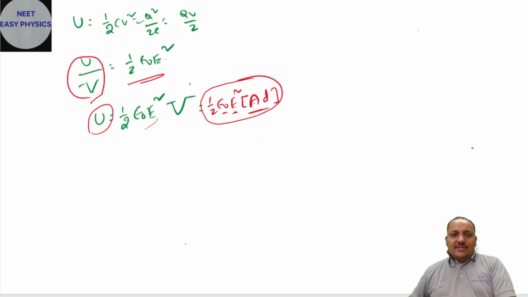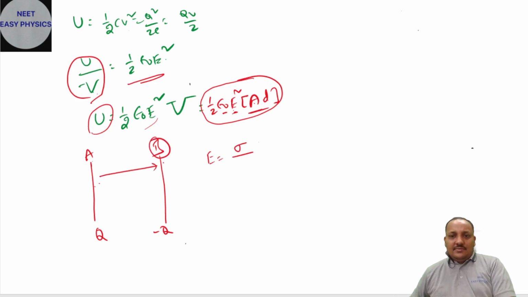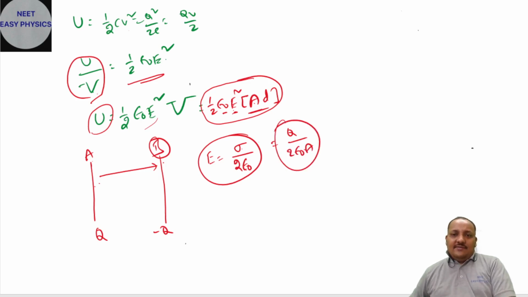Next, they will ask how much force is acting on one of the metal plates. Force on the metal plate. So plates with Q and minus Q. Either A or B, any one plate you can take. Now B is in the electric field produced by A. How much electric field is produced by A? Sigma by 2 epsilon naught, correct? Then sigma is Q by A, so the field is Q by 2 epsilon naught A. Now minus Q is present in that electric field.